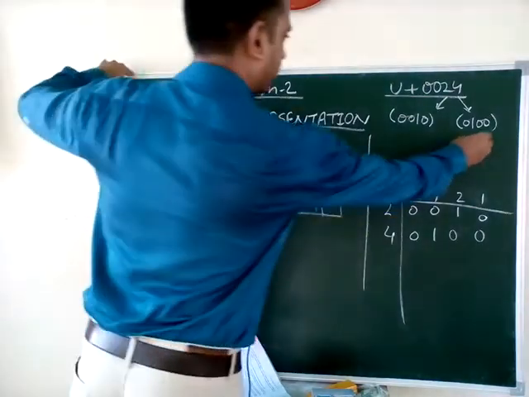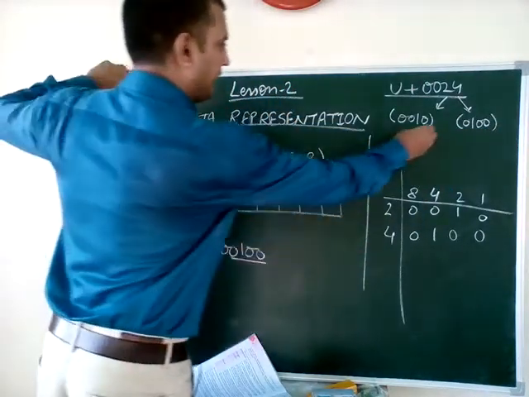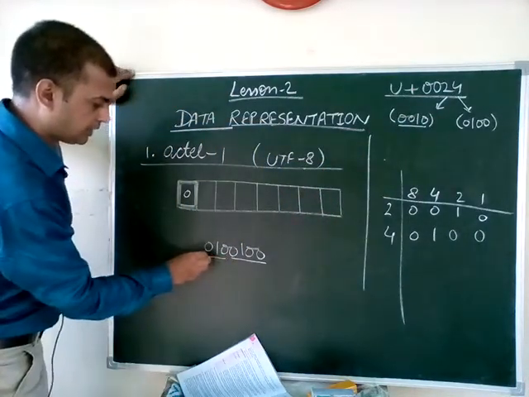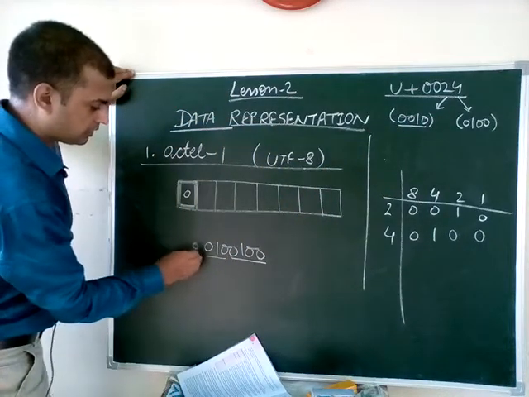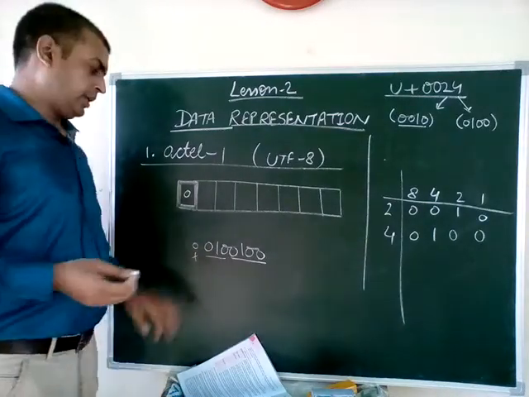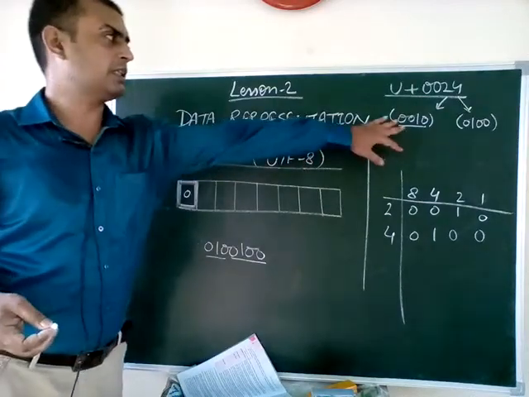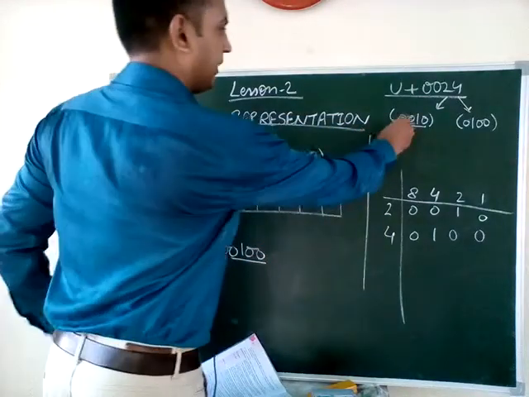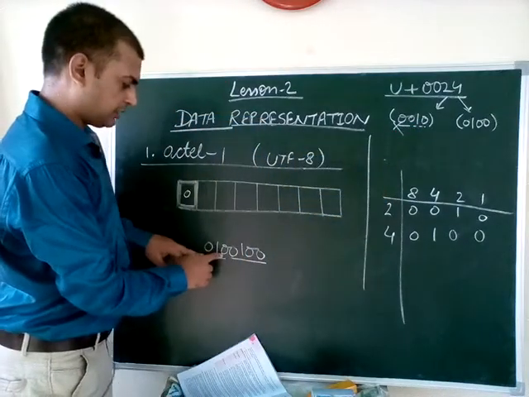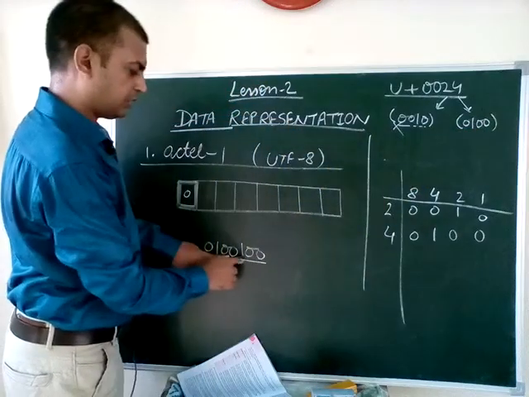If we remove this leading 0, it will not affect the value, so we can remove it clearly. So this is the representation: 0 1 0 0 1 0 0.